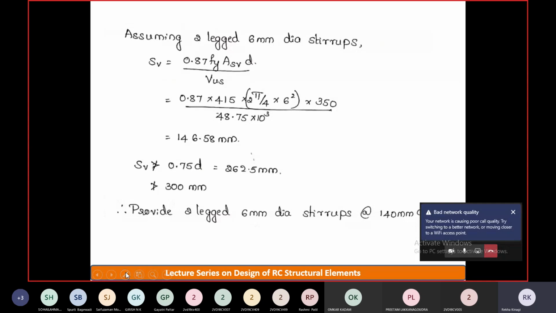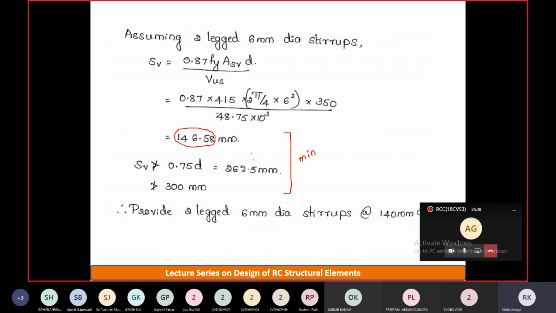Out of these 3 values, that is spacing calculated, 0.75 D and 300 mm, whichever gives you the minimum, that value we need to take as the spacing between the stirrups. So here out of 3 values, 146.58 mm is the minimum value. So we are going to consider this value for the spacing of stirrups.